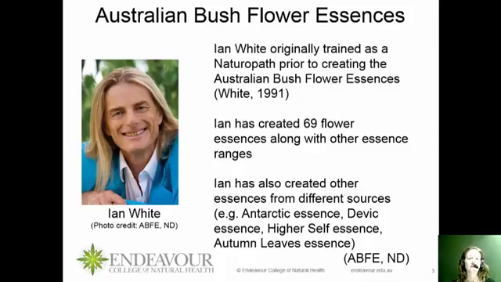The book itself is very useful as a practitioner, and Ian then diversified and moved into other forms of essences like the white light essence range and environmental essences like Antarctic essence, for example.